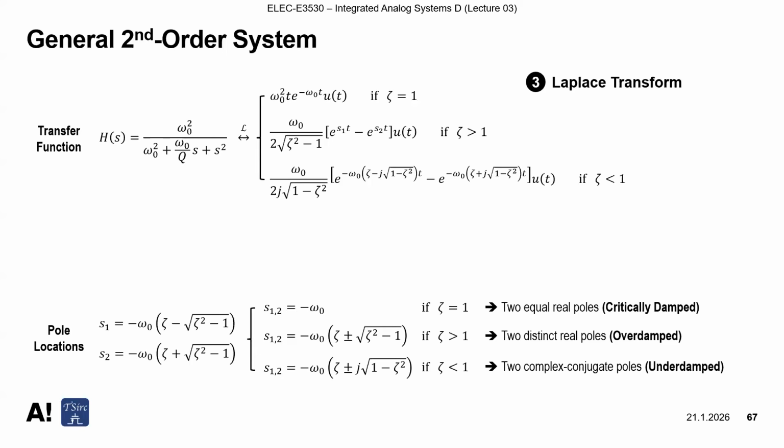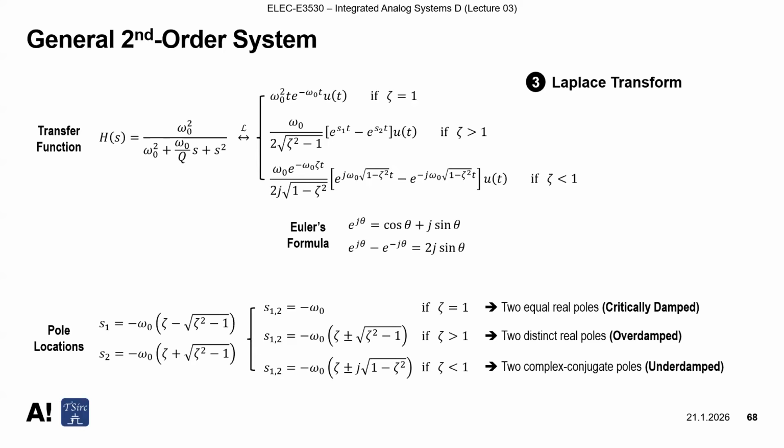Then it goes to e to the power of our equations. Those look complicated, but we can factor out this minus omega 0 times zeta term, e to the power of minus omega 0 zeta. Then we have only imaginary terms here. And then by applying Euler's formula, e to the power of j times zeta goes to cosine zeta plus j times sine zeta.